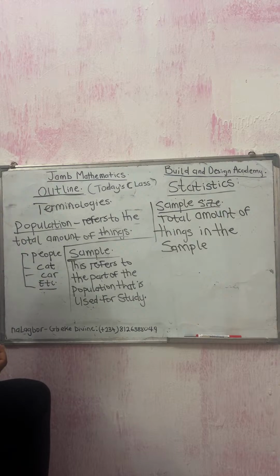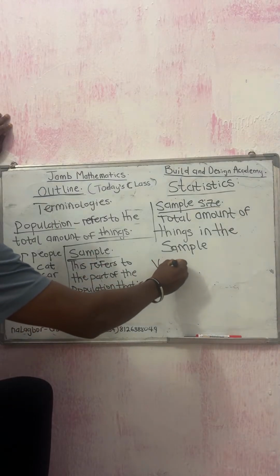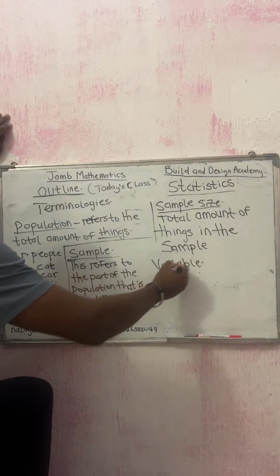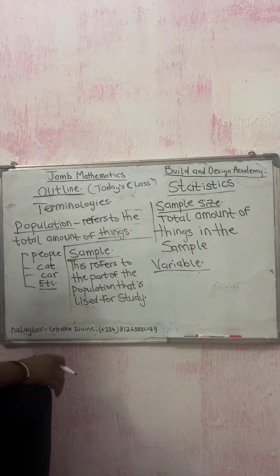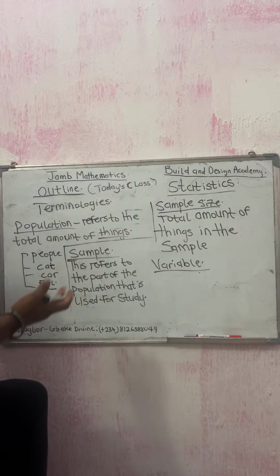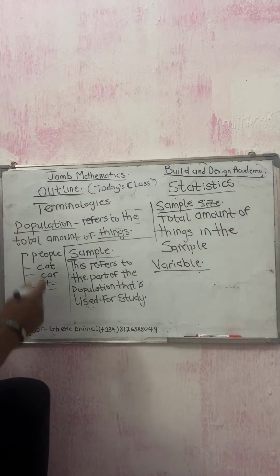Now let's say the samples are made of variables. The variable is the characteristics of the thing we are about to measure. When we talk about the measurement of height of humans, the mass of shapes, the different types of foods and the rest, all those are variables. Now under variable we have two types.